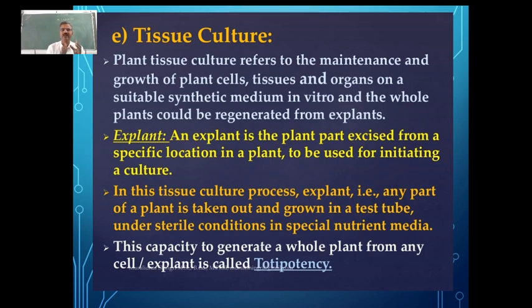That ability of these cells to generate a complete plant is what we call totipotency. That is the characteristic feature which is used in tissue culture. We use the explant and also the property of totipotency here.